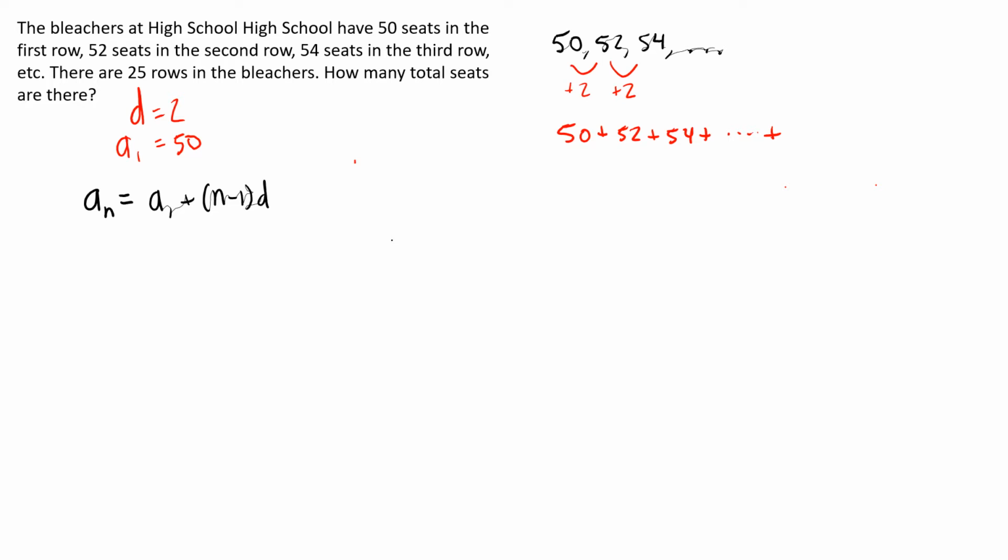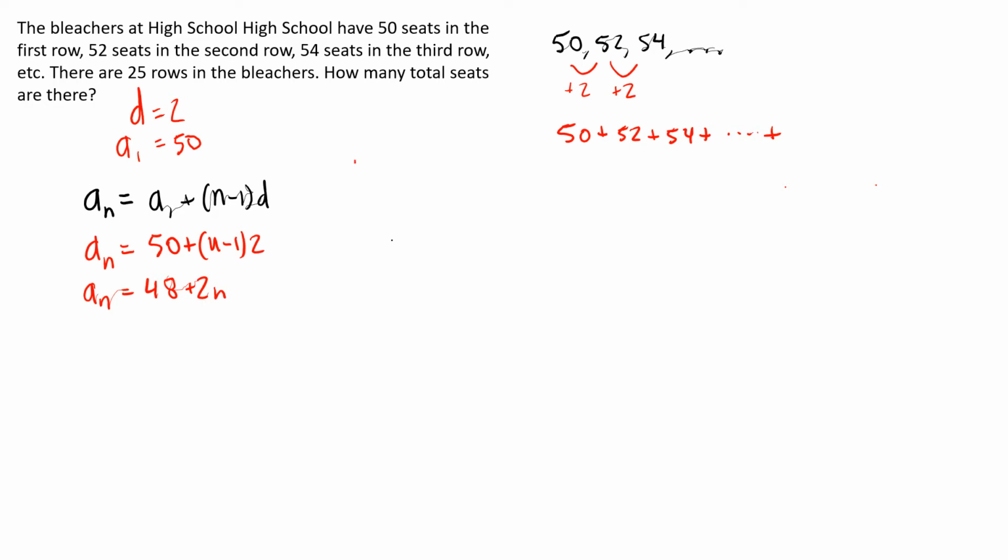If we plug all this in for this problem, we know there are 25 rows, but let's find the general term first. a sub n equals a sub 1, which is 50, plus n minus 1, since we assume we don't know n, times 2. So a sub n would equal 48 plus 2n.